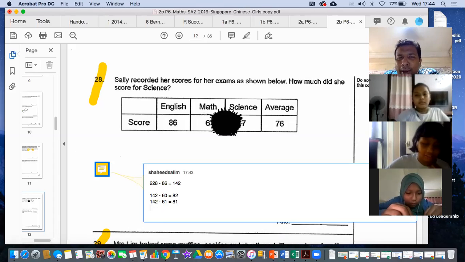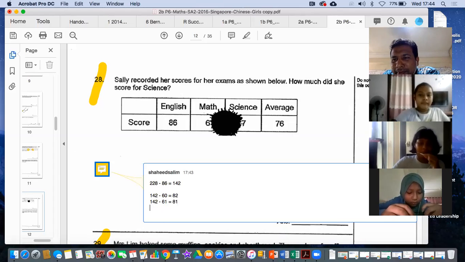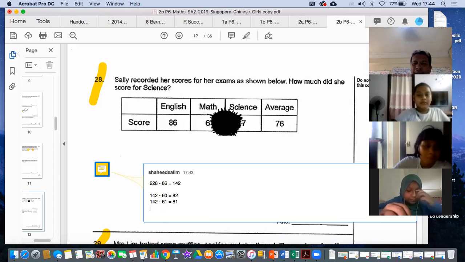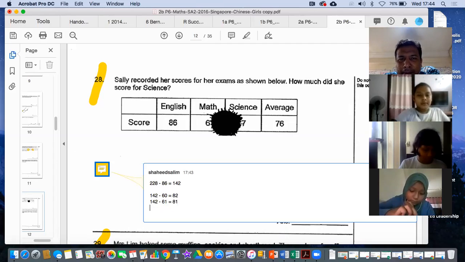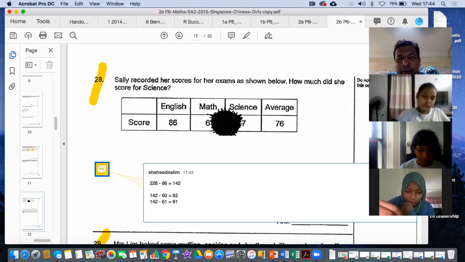Yes, well done. Where do you get the method from? I don't know, I just randomly do. Okay, so that method is actually correct, but the 7 is on the other side. Randomly do, okay. Then 142 minus 67, what do you get?